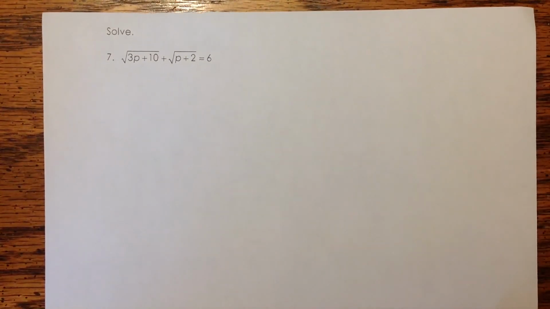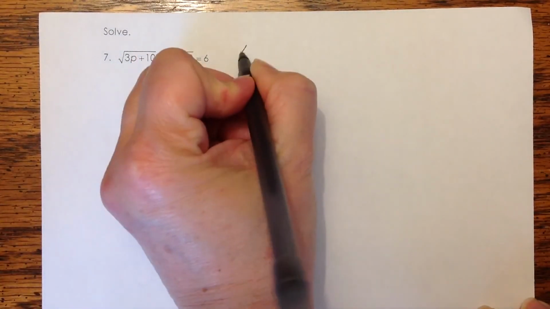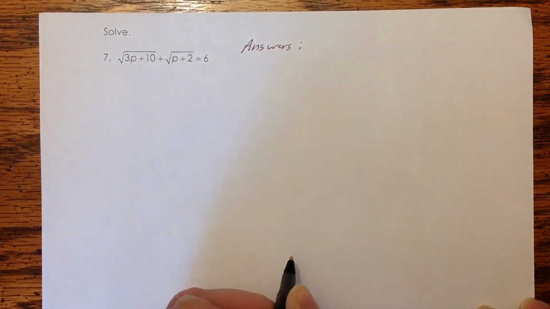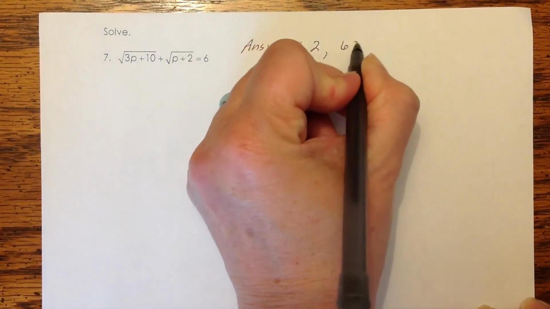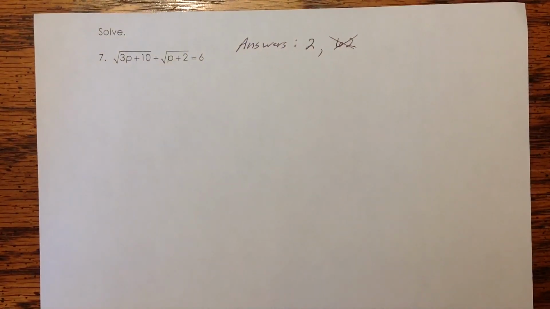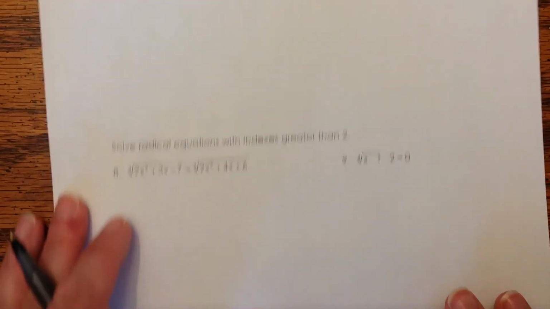This is a third one of the type we've just done twice. If you need to practice it, you can do so. The answers that you would get are 2 and 62, but this one after checking does not work. So if you need to practice another one, those are the answers you should get when you're done.